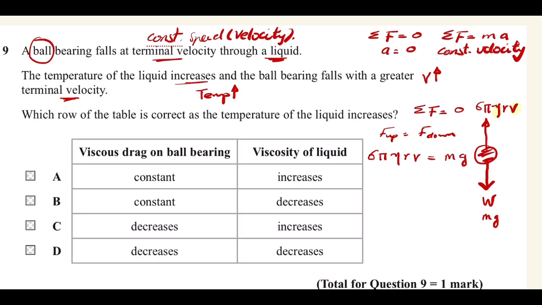These two forces are equal, constant value. So I have to look at the choices. So the viscous drag on the ball is always constant and equal to the weight of the ball. So the answer must be one of these, A or B. This is step 1.